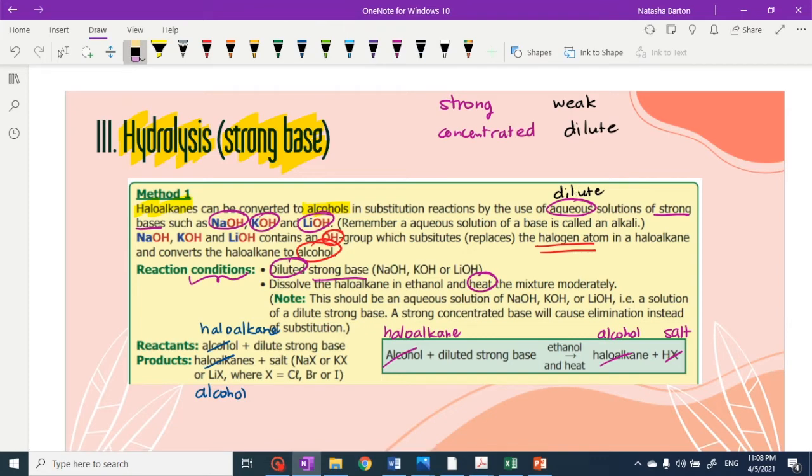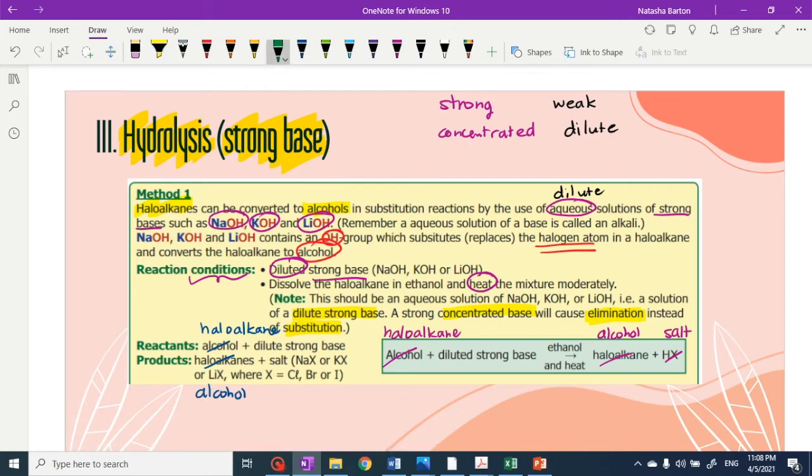Over here they say the reason why you need to make use of a dilute strong base is because if you use a concentrated strong base, you're going to perform an elimination reaction instead of a substitution reaction. So at this point, somewhere, write this down.